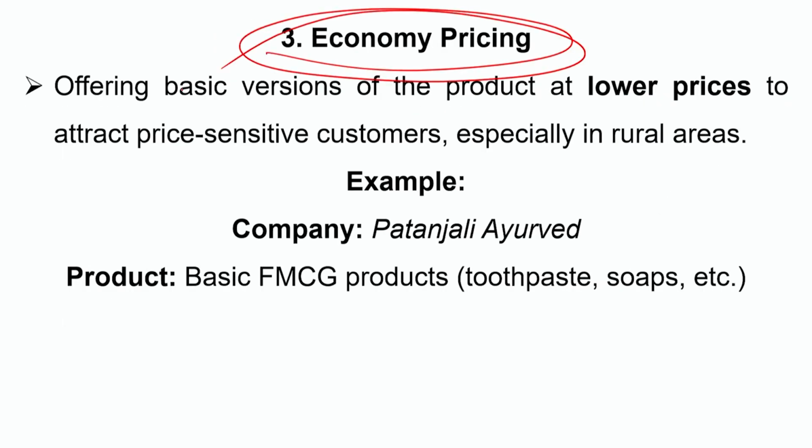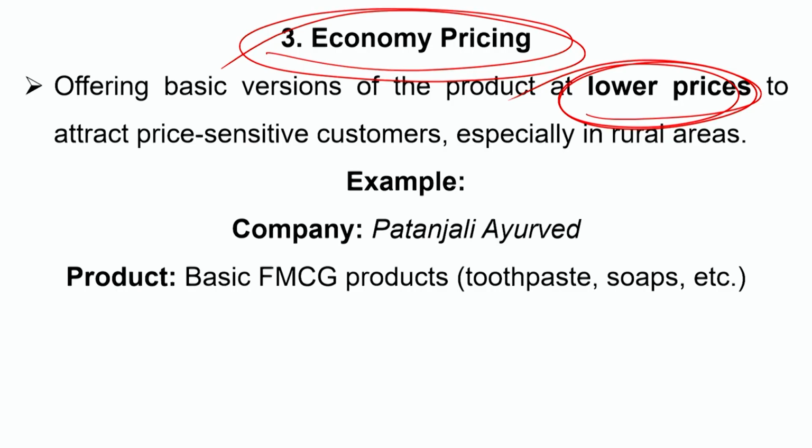Economic pricing means lower prices, which many companies do. FMCG companies like Hindustan Unilever put pricing very low to attract customers from rural areas: small packets of Maggi, shampoo, even soaps. Why?